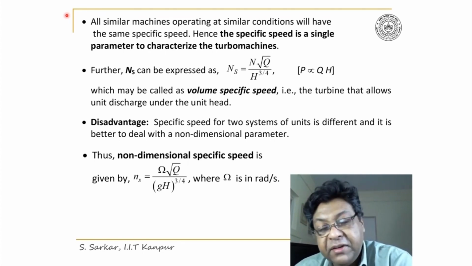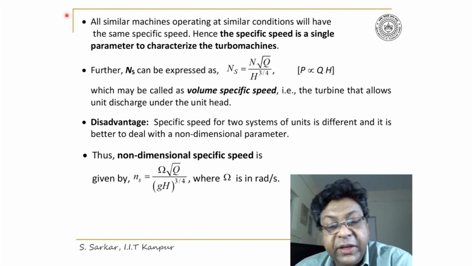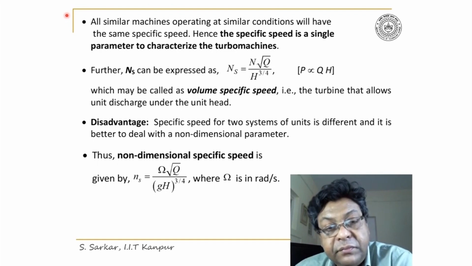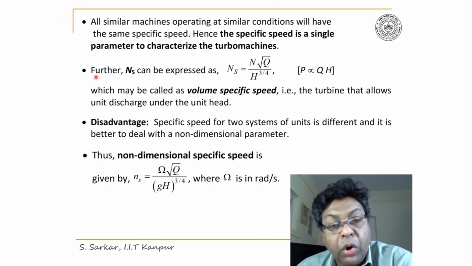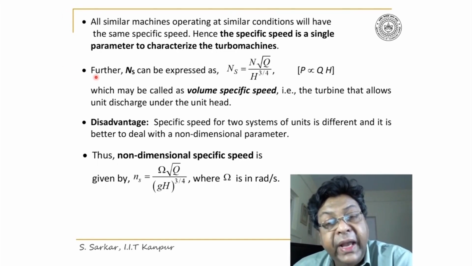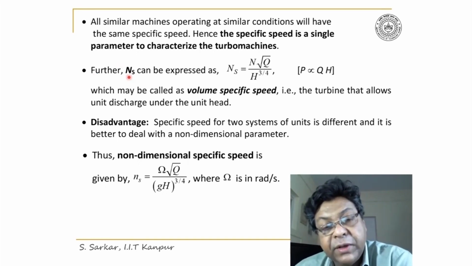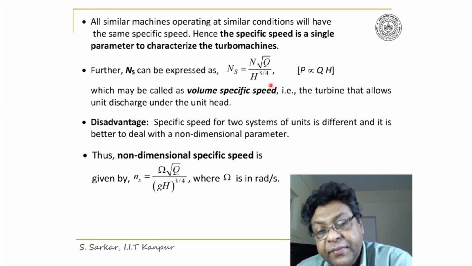To explain further, I would like to say that if two machines are designed on the same philosophy, the specific speed must be the same. Furthermore, Ns, the specific speed, can be expressed as Ns is equal to N root over Q, H to the power 3 by 4.